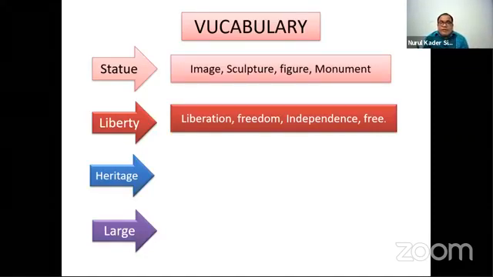And independence: we got independence in 1971. This is our known word. And free: we became free from Pakistan by the struggle of Bangabandhu Sheikh Mujibur Rahman. So liberation, freedom, independence, free are known words to us.